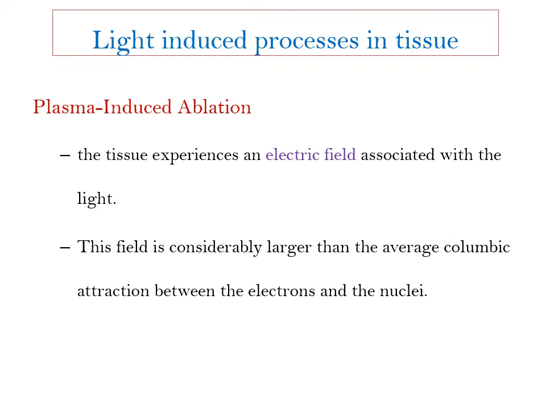Another one is plasma-induced ablation, when using power densities exceeding 10 to the power of 11 watt per meter square in solid, and 10 to the power of 14 watt per centimeter square in air.